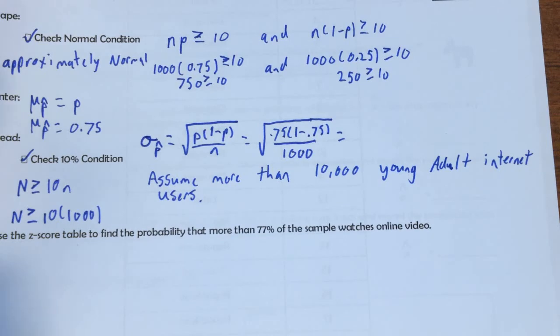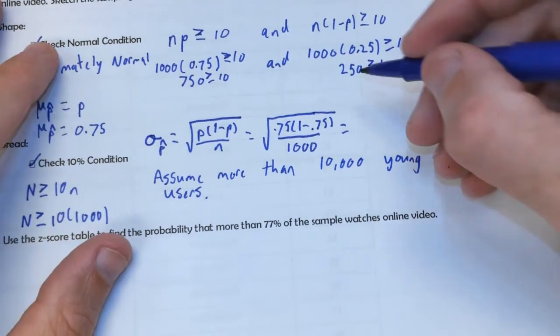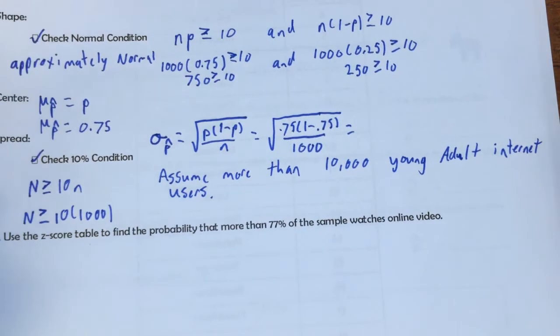Which would be, if I can get my key, oh, I guess I didn't put this in my key. All right, let me get my calculator. Sorry about that.